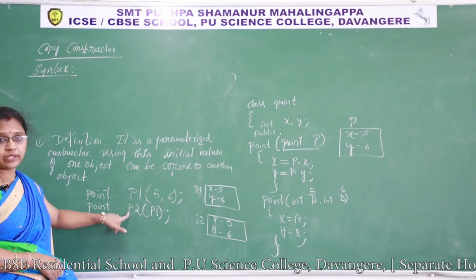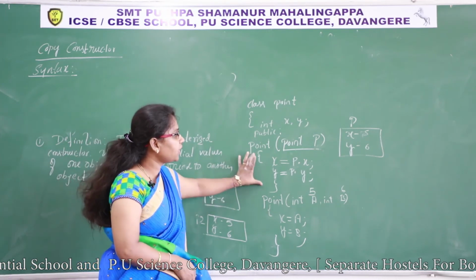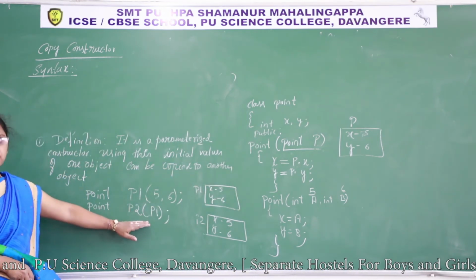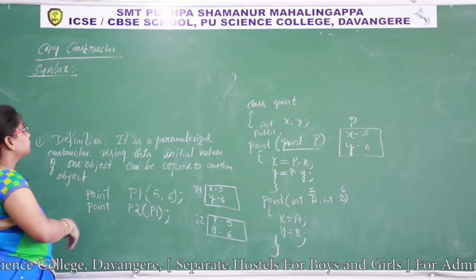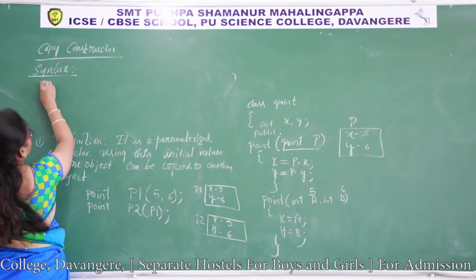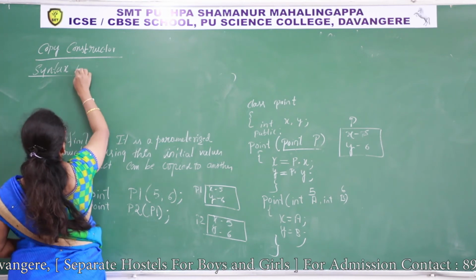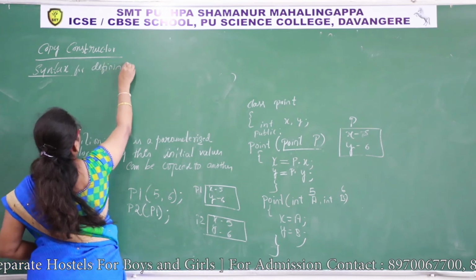One is invoking the copy constructor, another is defining the copy constructor. This is the copy constructor definition and this is the invocation of the copy constructor. If you write this line, it means there is a copy constructor. So the syntax for defining the copy constructor.